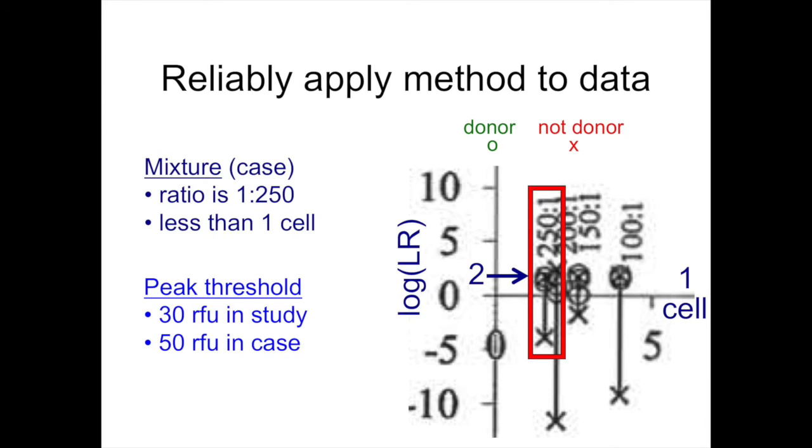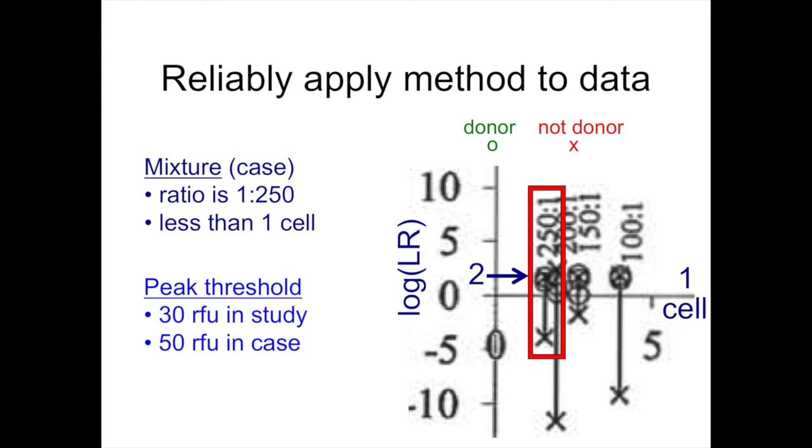Let's zoom in near the y-axis, where there is less than a cell's worth of DNA. The study examined DNA levels that were actually used in this case, where the mixture ratio is 1 in 250. I've outlined that data in a red rectangle. Again, the X's indicate non-donors whose DNA is not in the mixture, and the O's show true donors.